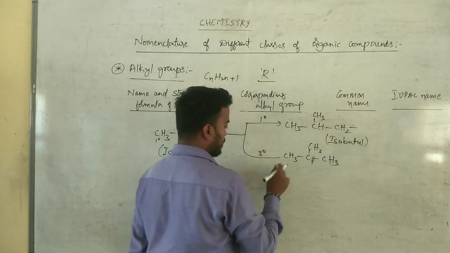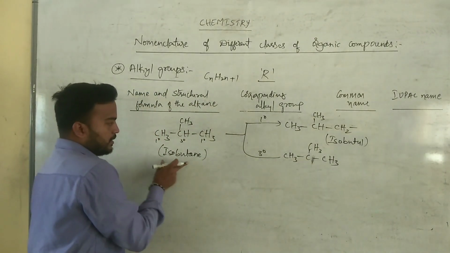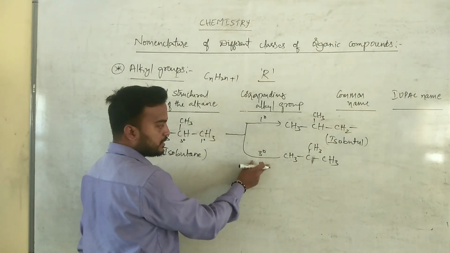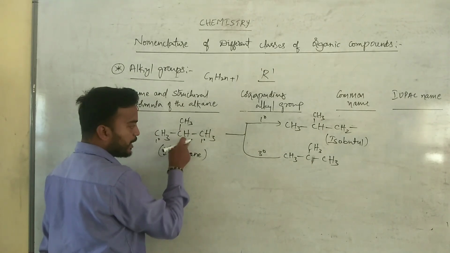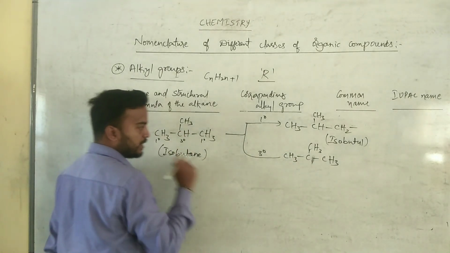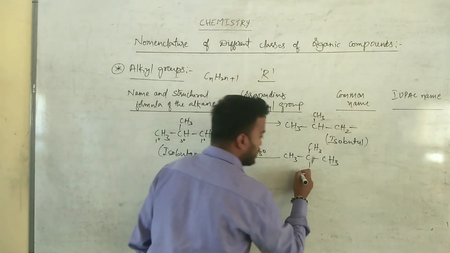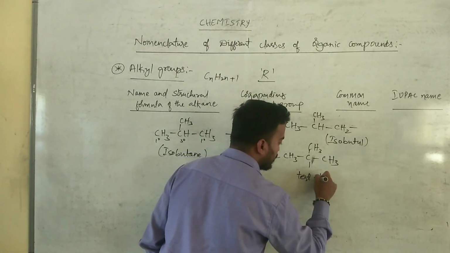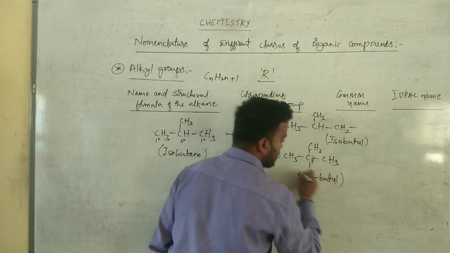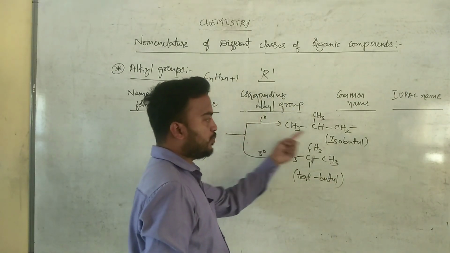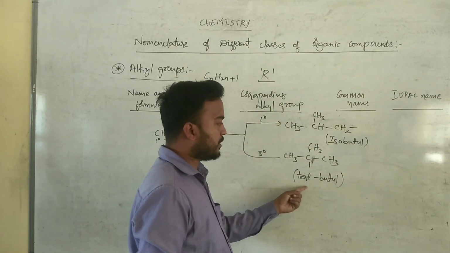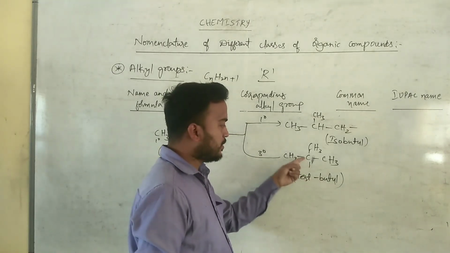In the second case we remove a tertiary hydrogen. When this hydrogen is removed, some substituent group will attach here. So this is tertiary butyl. The common name for this compound is isobutyl. The common name for this compound is tertiary butyl.